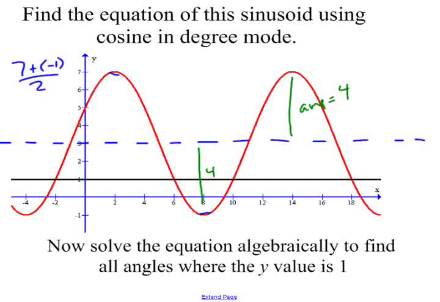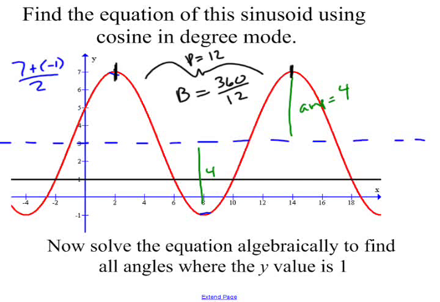And then our period. We look at the length of one cycle, which starts at 2 and ends at 14, so my period is 12. Remember, that doesn't actually show up in the equation. The b value does, so we need to use the equation b equals 360 divided by 12, and so b equals 30.